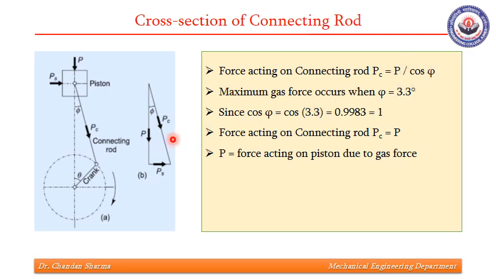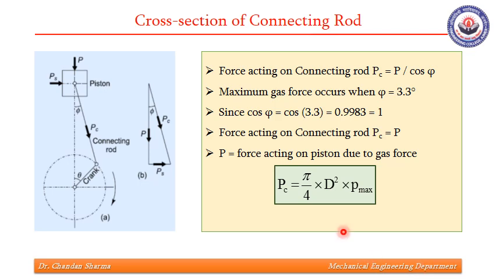This force is maximum when phi is 3.3 degrees. Since cos 3.3 equals 0.99, which is very close to 1, we can assume PC equals P. So we'll assume that the force coming on the connecting rod is equal to the gas force.